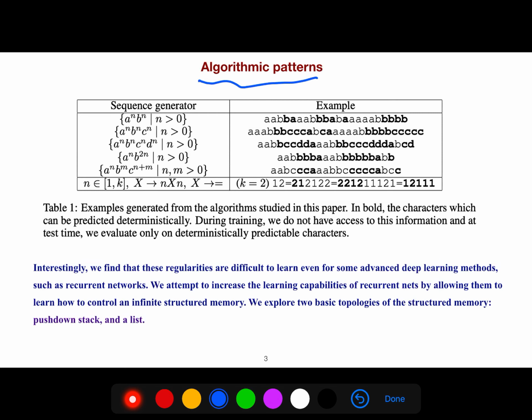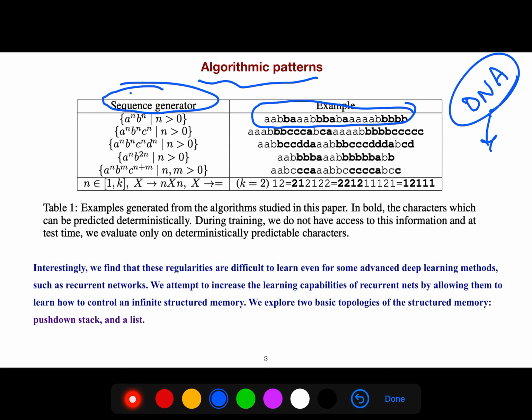Because, as I said, DNA in your body, there is a field called DNA computing. It's like a push-down automaton plus a recurrent neural network, because it's like a machine. So let's focus on this article. We have a sequence generator, and we wish to learn these complex things.